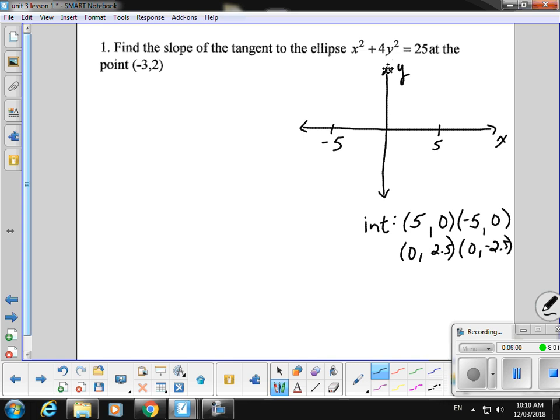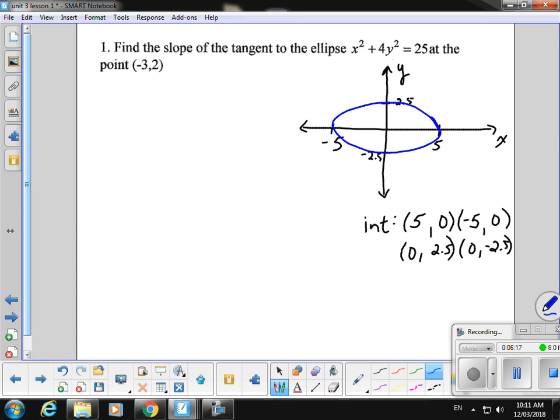Okay, so that gives me a sense of what this thing looks like. There we go. All right, we have our function.